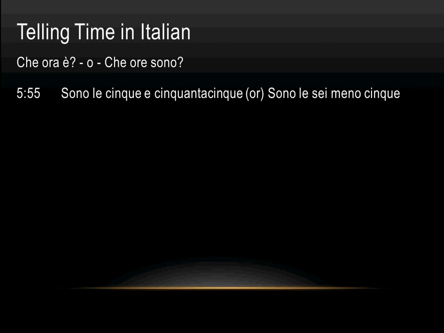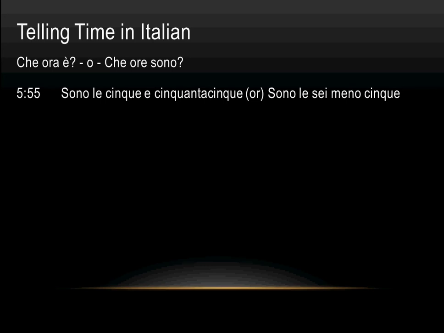Meno, the Italian word for minus, 5. Still just express the minutes with a number without the article, any article at all. So we have it's 6 minus 5, or 5 till 6, as we would say in English. So sono le 5:55, o sono le 6:05.